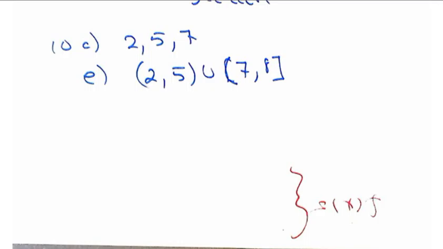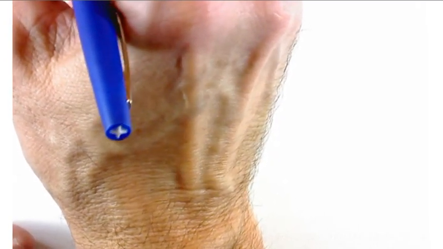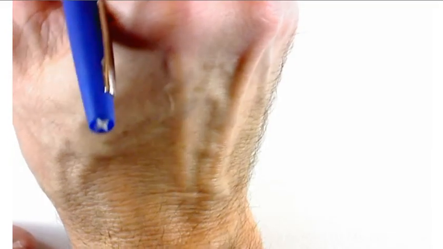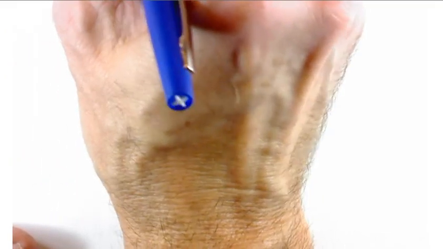Let's move on down to problem number 16. In problem number 16, we'll do this two different ways. We'll do two versions of problem 16. We're going to look at the domain and range of f of x equals 3 minus x squared.